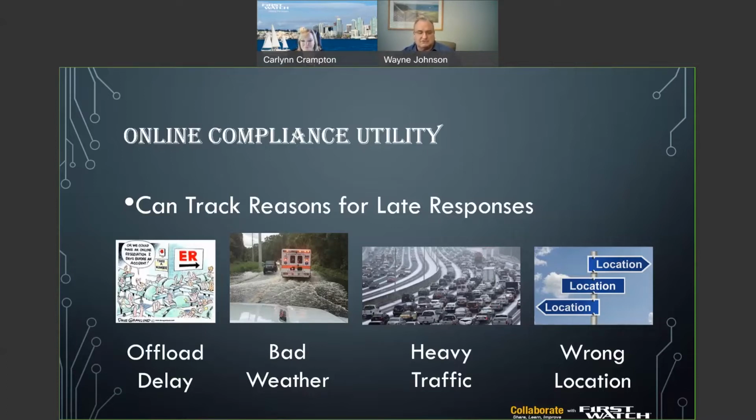Some of those things are offload delays that are causing issues, bad weather, heavy traffic not necessarily due to the incident, or a wrong location that continually happens to occur in an area of town where you might have a problematic spot.